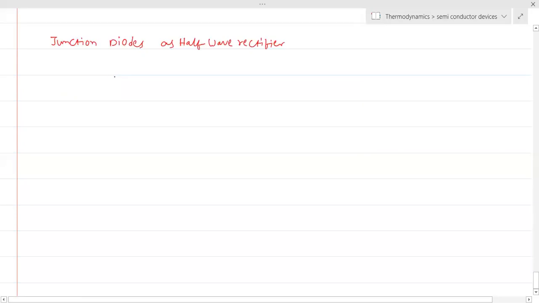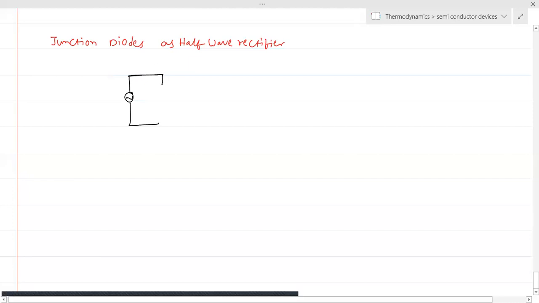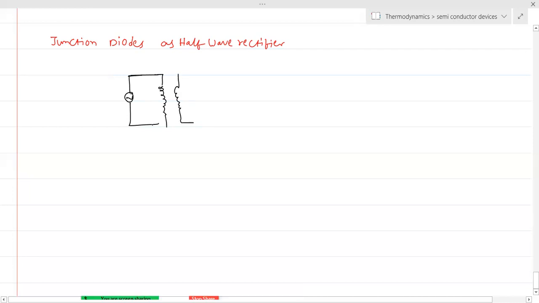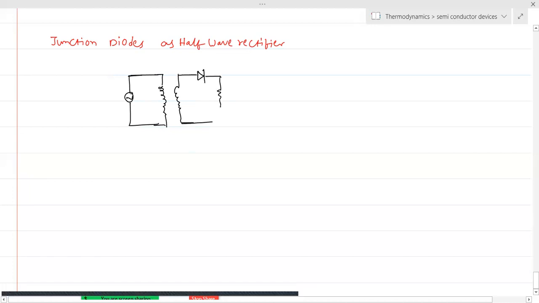So here in the construction, the input is some AC source, and this is a transformer. This transformer is connected to a PN junction diode. And in every circuit, generally we have a resistance that is called the load resistance.